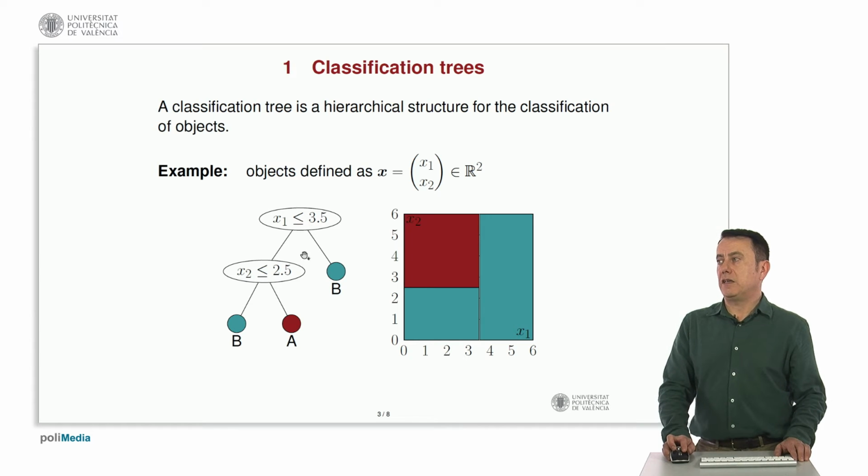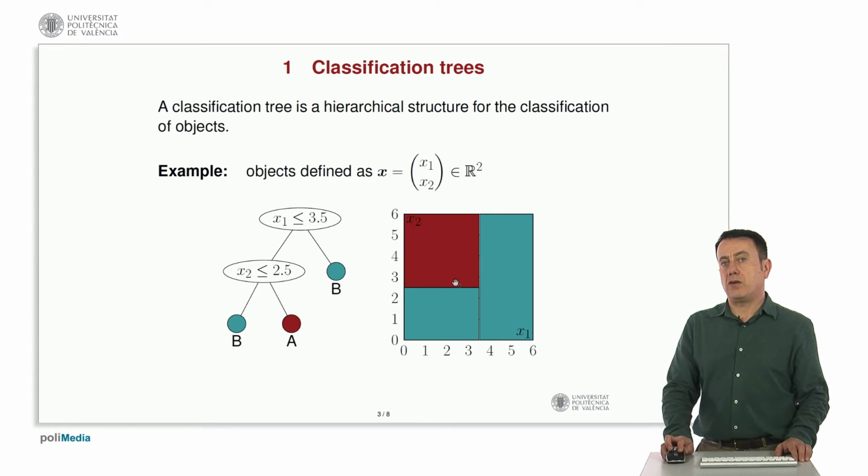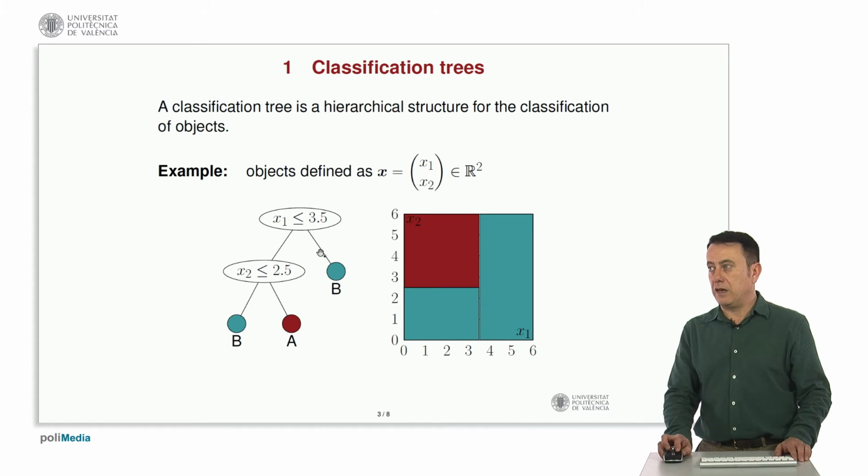So the effect of a classification tree is that it partitions the representation space of our objects into rectangles, or in general hyperrectangles in more than 2 dimensions. Here we have, for instance, this blue rectangle, which corresponds to all objects having more than 3.5 for feature 1, which is this leaf here.